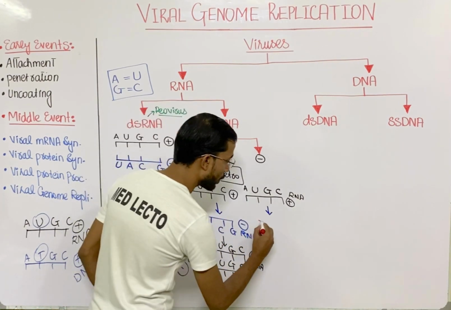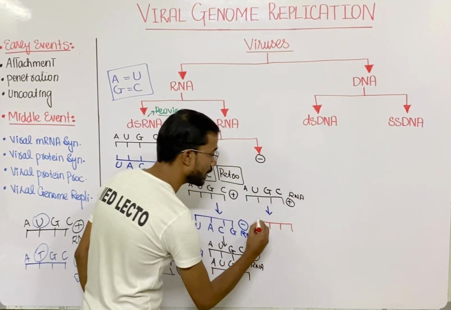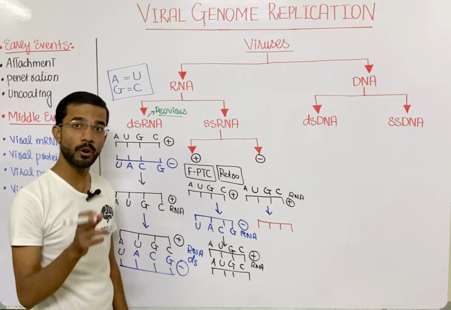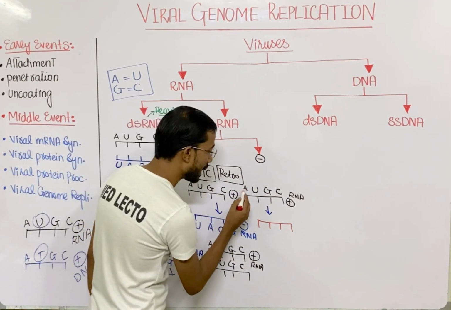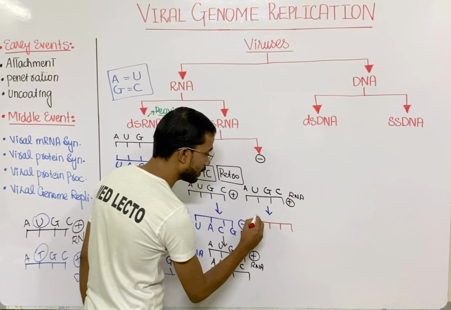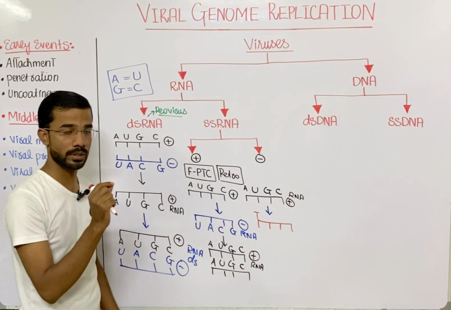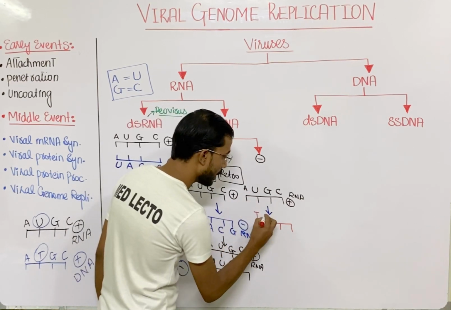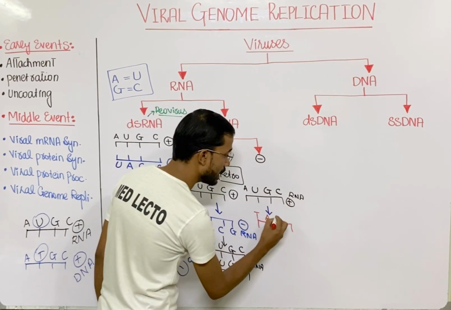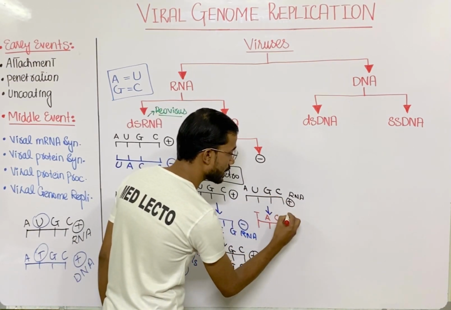In the DNA you will see the replacement of uracil by thymine. So actually, opposite A will be T, not U. That's the exception case. Opposite U is A, then G, C, and C, G.